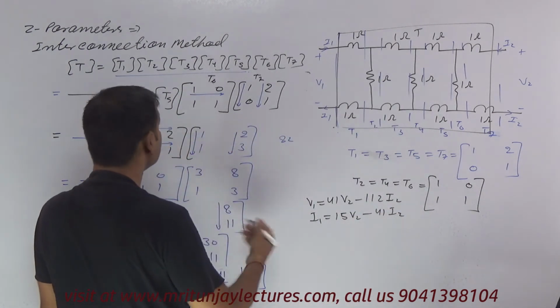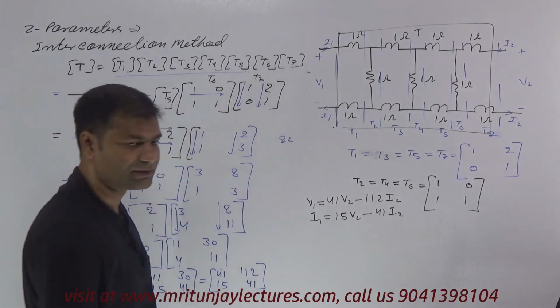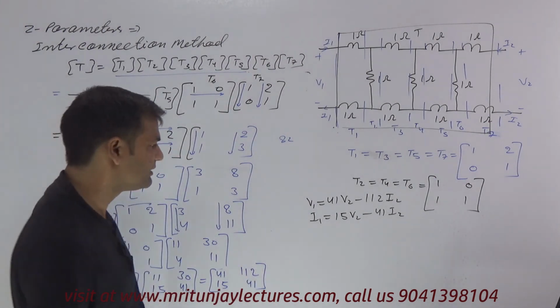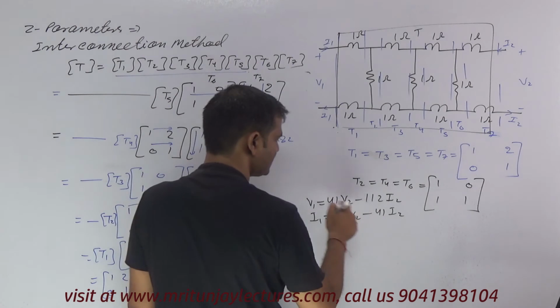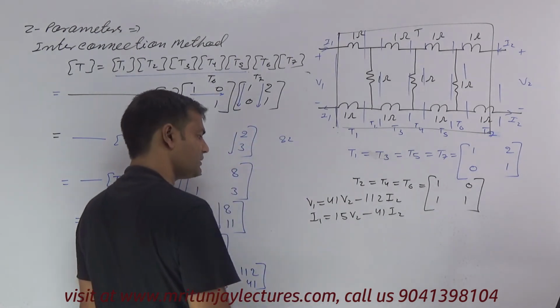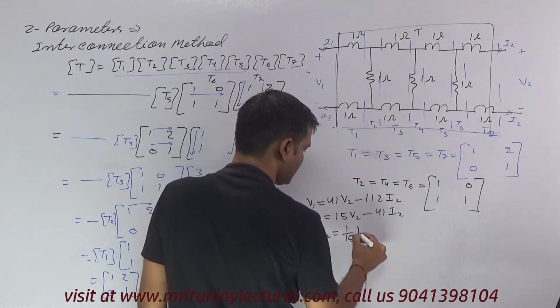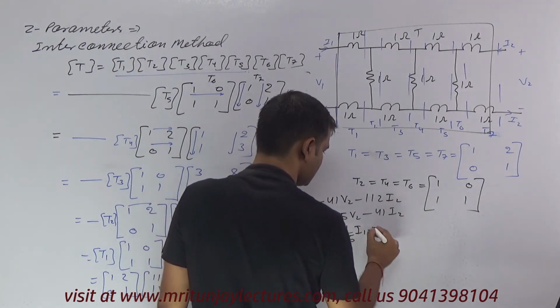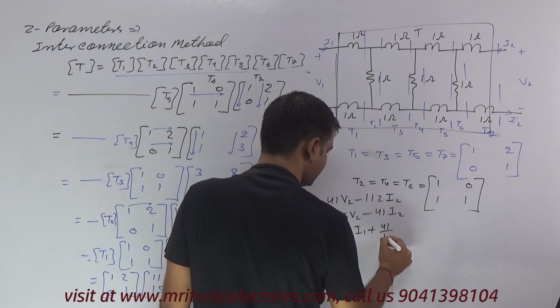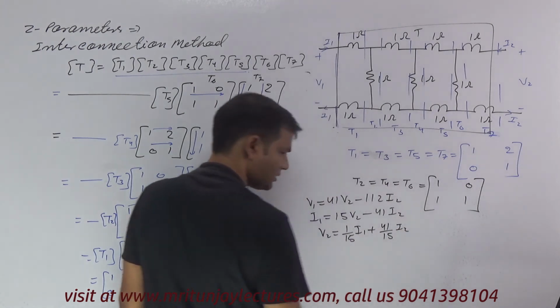Okay, now this one is converted into Z parameter. I know that Z parameter is V1 in the terms of I1 I2 and V2 in the terms of I1 I2. So V2 is written as 1 by 15 I1 plus 41 divided by 15 I2.